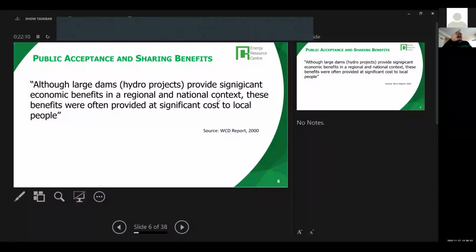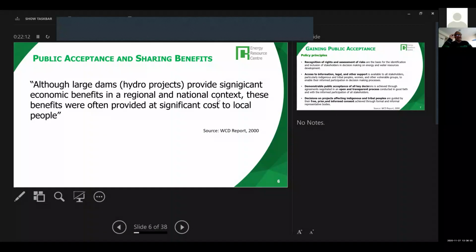And the WCD report is saying that although large dams and hydro projects, if they have a hydropower component, provide significant economic benefits in a regional and national context, these benefits were often provided at significant cost to local people.